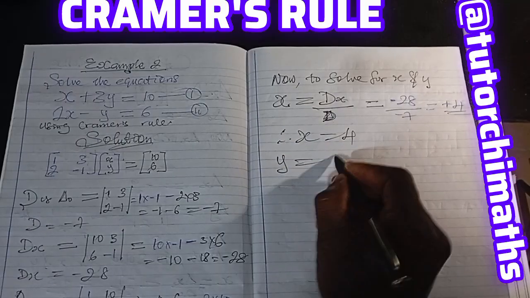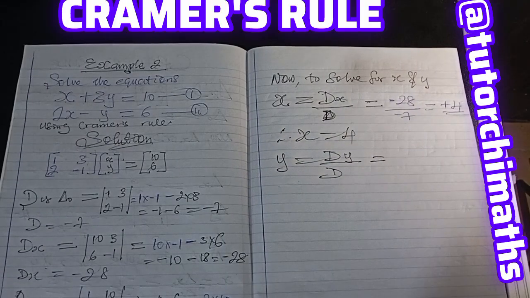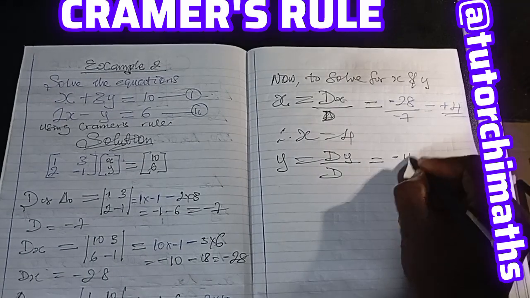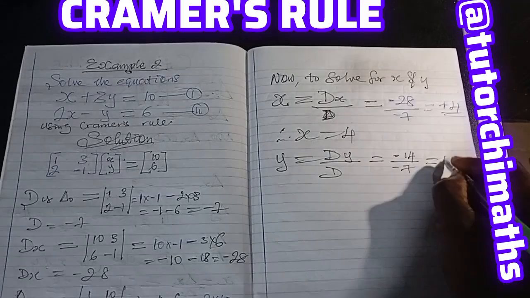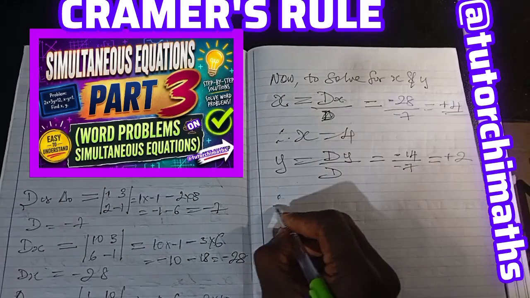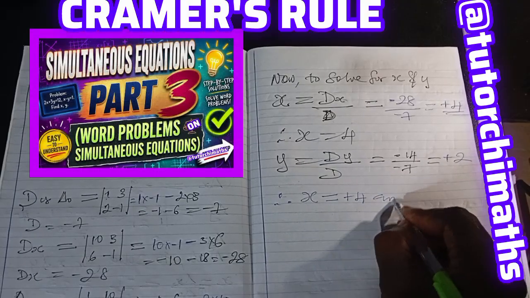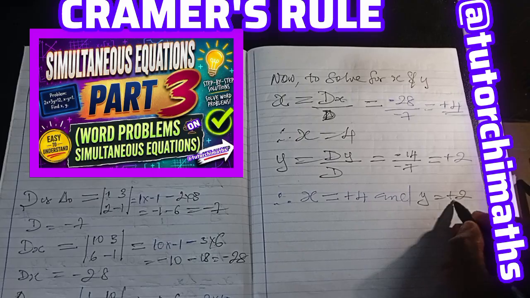Now, y is dy divided by d, which is minus 14 divided by minus 7. We have positive 2. Therefore, x is equals to positive 4 and then y equals positive 2.